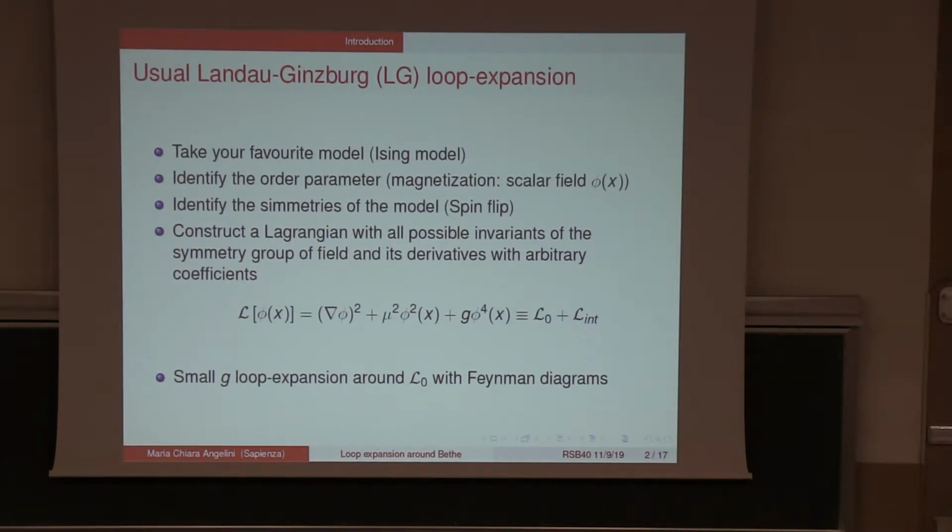For the second order, you have two vertices, so this is of order g squared, and so on and so forth. So in the Ginzburg-Landau approach, which is around the mean field fully connected model, the vertices are fixed. In this example, they are quartic vertices, and the expansion is in powers of g.